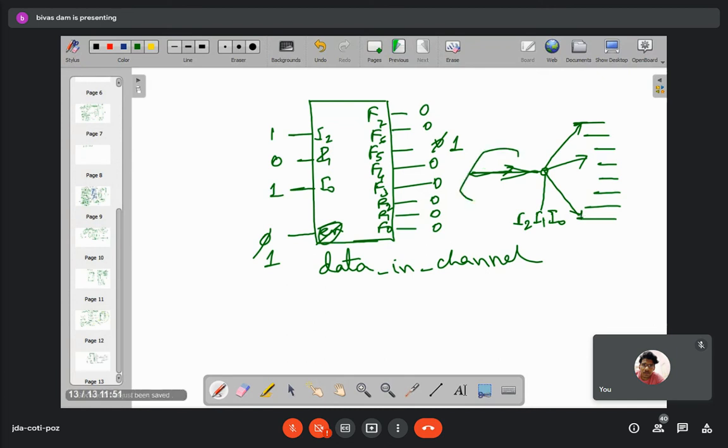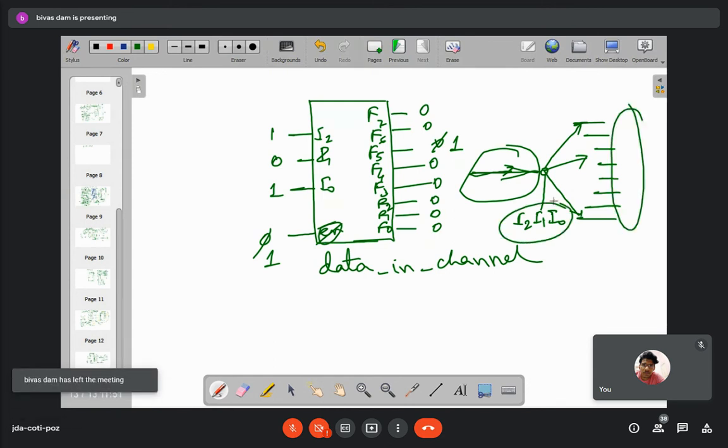So this is my input data channel, and these are the 8, or 2 to the power n, output data channels.